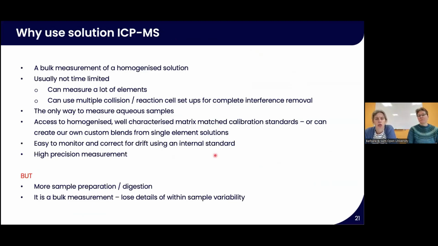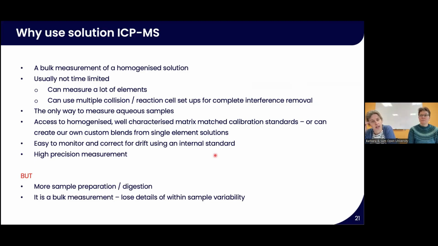So why would we want to use solution ICP-MS? This is the only option if we have an aqueous sample, but if not, then we can take our solid sample and digest it. And if we do that, it gives us a bulk measurement of a homogenized solution. The analysis that we do is usually not time limited. We have plenty of sample.